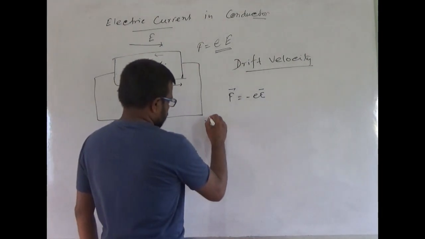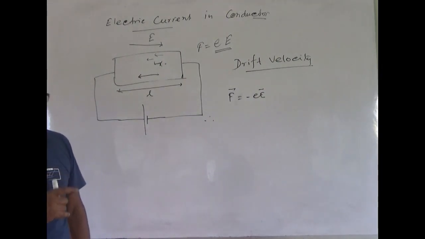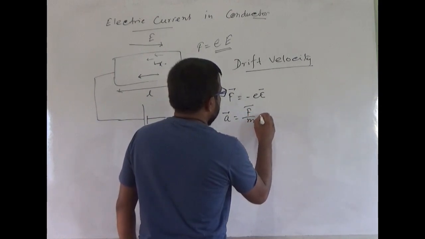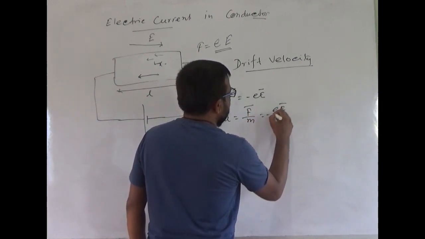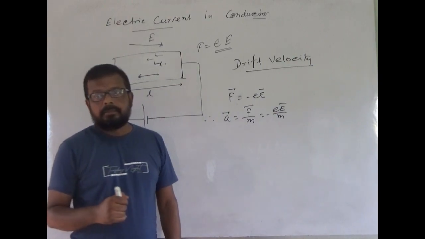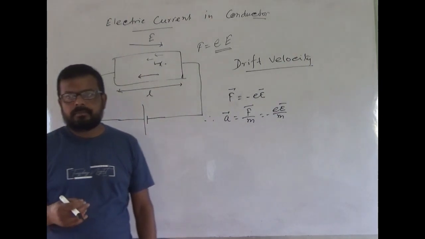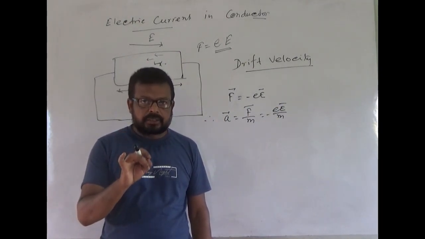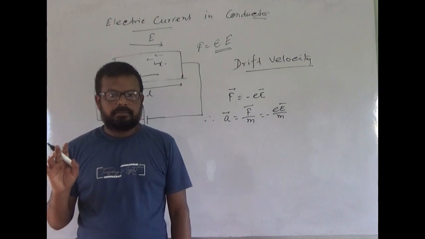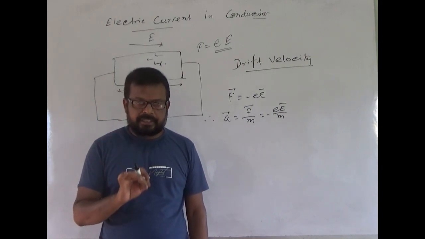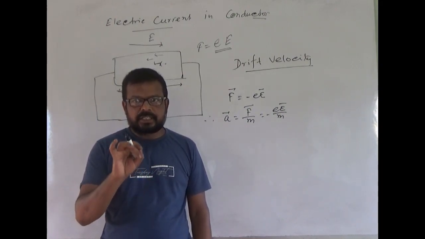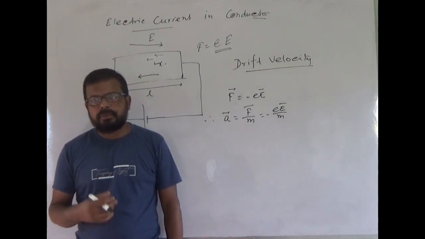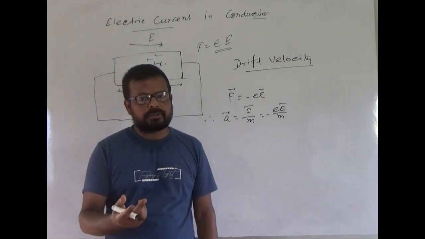Therefore, the acceleration of each free electron is equal to F by m, that means minus eE by m, where m is the mass of an electron. This acceleration lasts for a very short time interval, because after traveling a very small distance it will collide with the positive vibrating ions of the conductor.